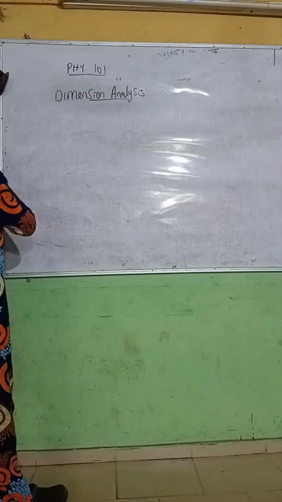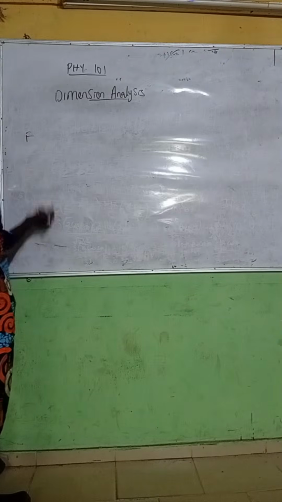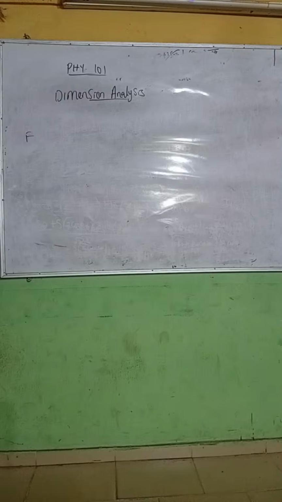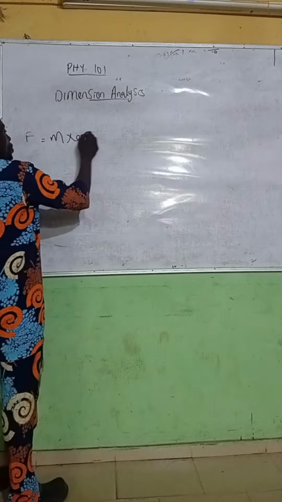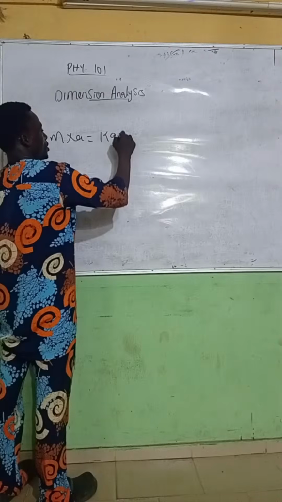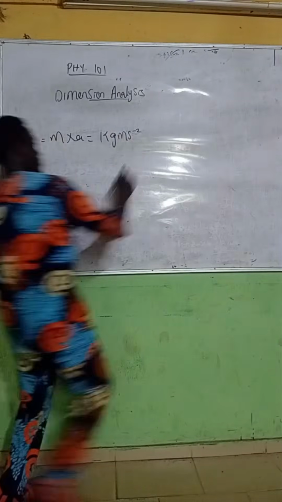When we are talking of dimension, if you don't know the unit of a quantity, you cannot derive the dimension. For instance, if I was asked to find the dimension of force, and I don't know that force equals mass times acceleration, which is the same thing as kg meter per second squared, I can't know that the dimension is what?